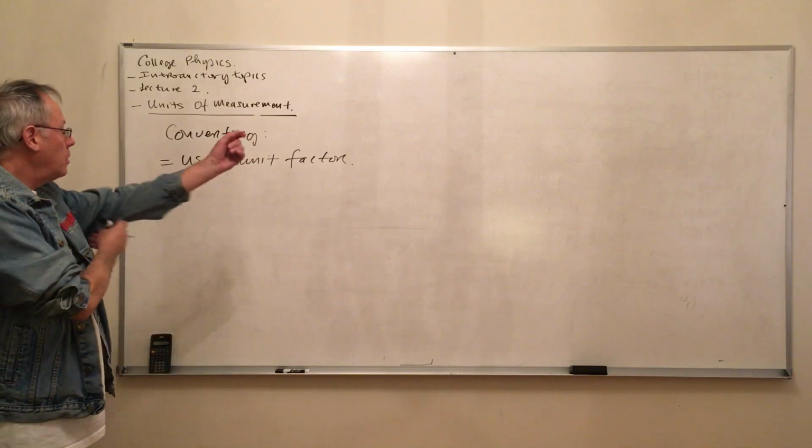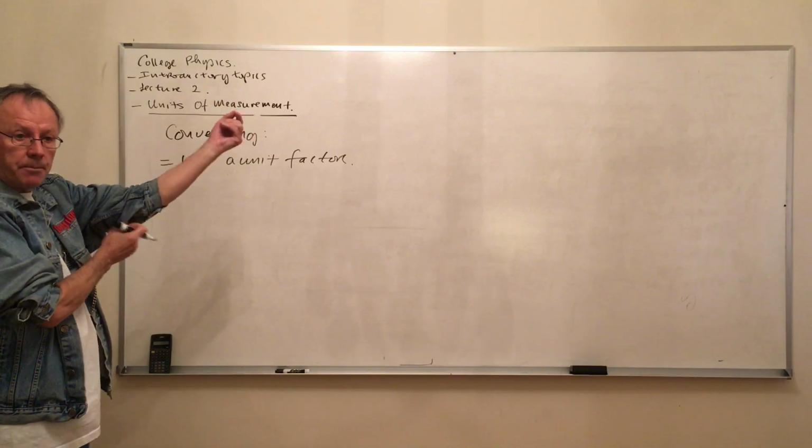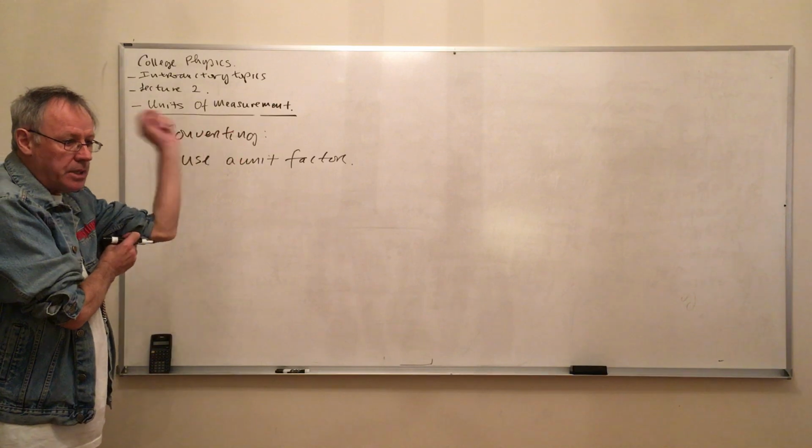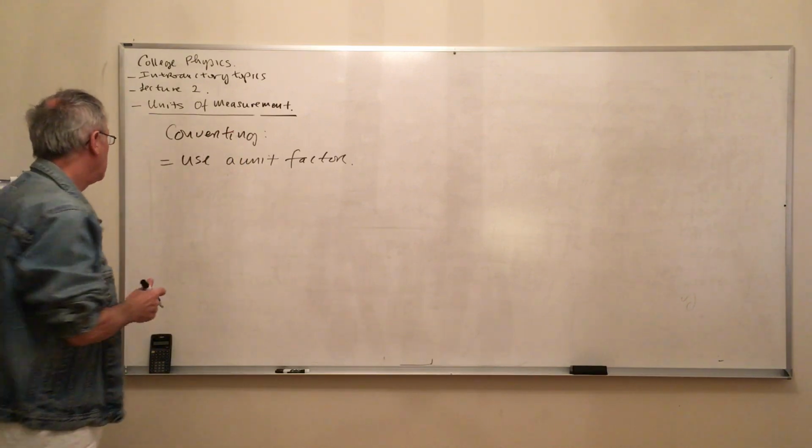It's convenient to use a unit factor and not do it in your head when you're converting. In mathematics and physics, let your hands do the calculating, not your head.